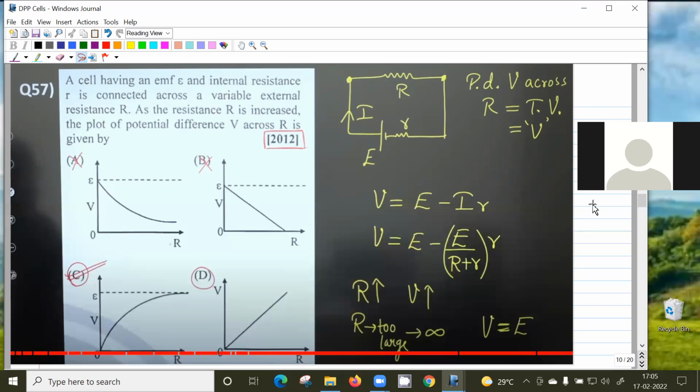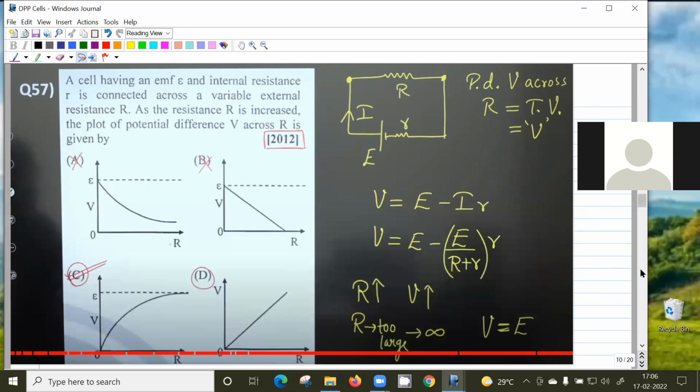Yes, sir. So is it a straight line graph? If R is in the denominator, then it will be a curve only, sir. Yeah, it's a curve only. It's not a straight line. So which option?